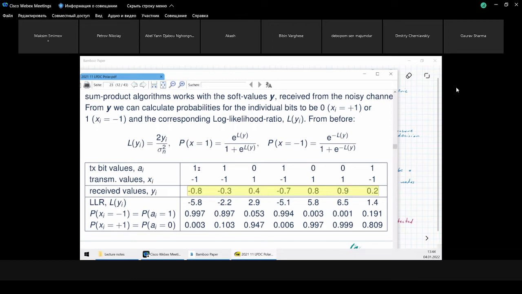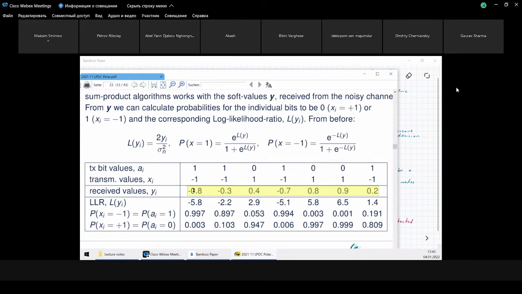So let's look at the first one. We basically receive a -0.8, so only a little noise influence here, noise being like +0.2, so little noise, received value almost the same as we transmitted. So this one is very likely to be a -1 that was transmitted, or mapped from a 1 bit.